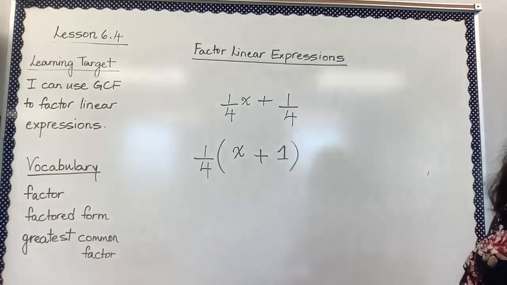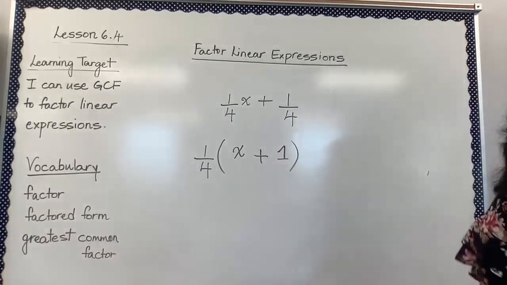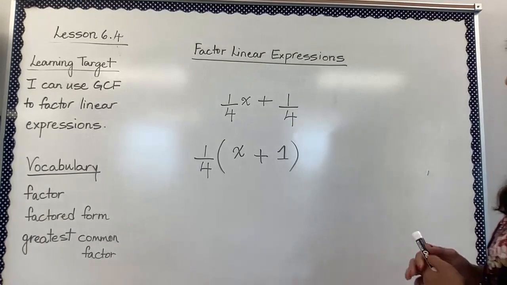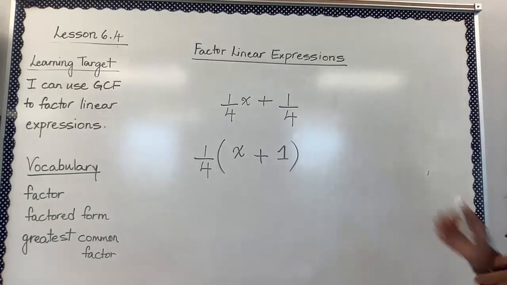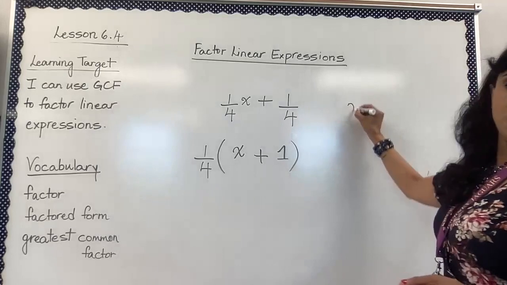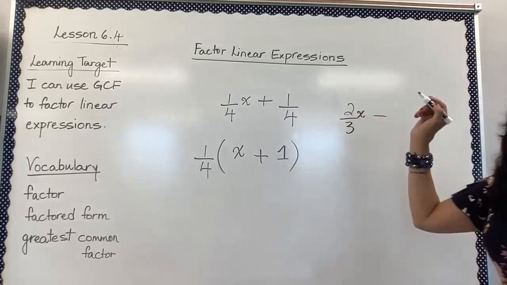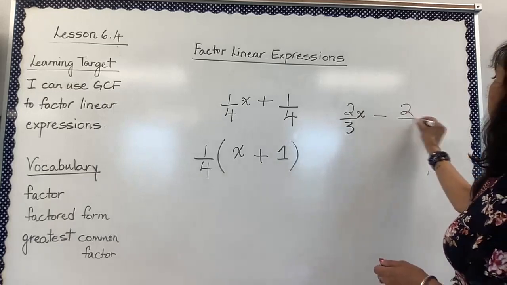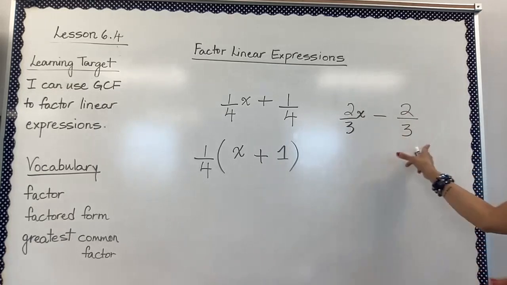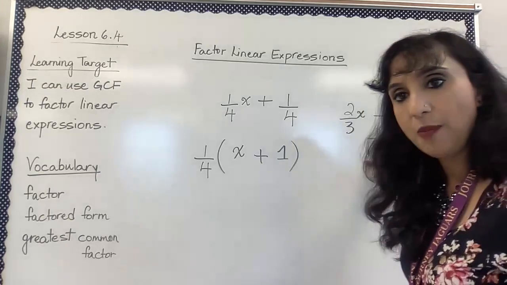All right. And then let's just do a last one using fractions. If I have 2/3 x minus 2/3. Let's look at both of these. What is the greatest common factor?